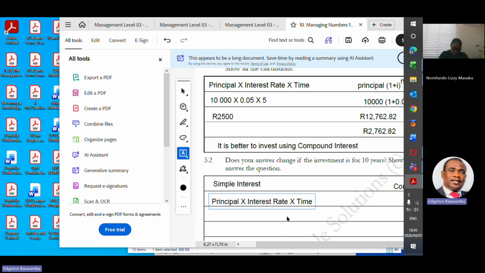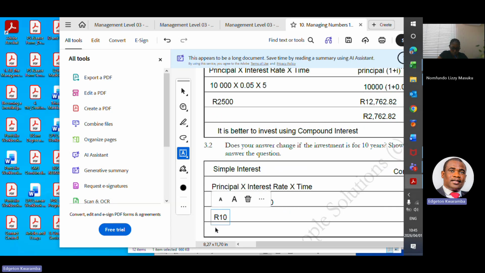This one that I've already put there. So it's going to be 10,000 because the question is saying show your working. So I'll just say times 10 here. And then the answer becomes 5,000.